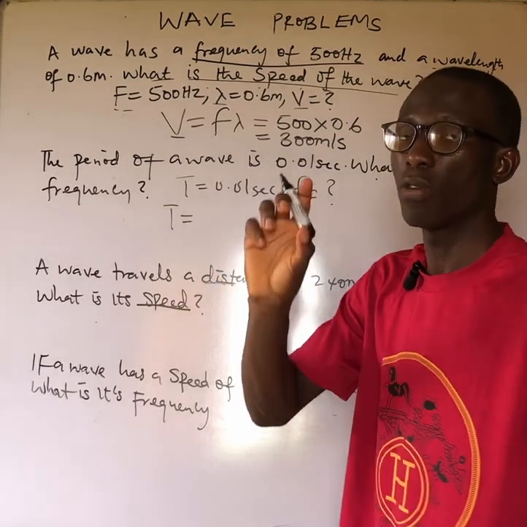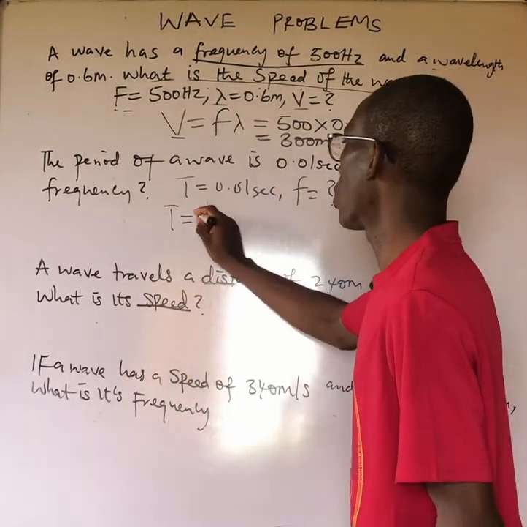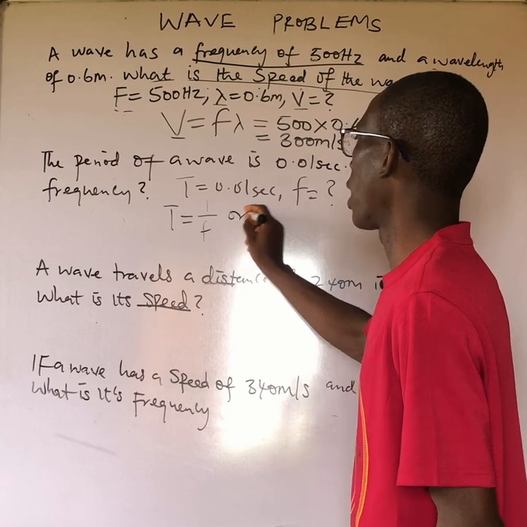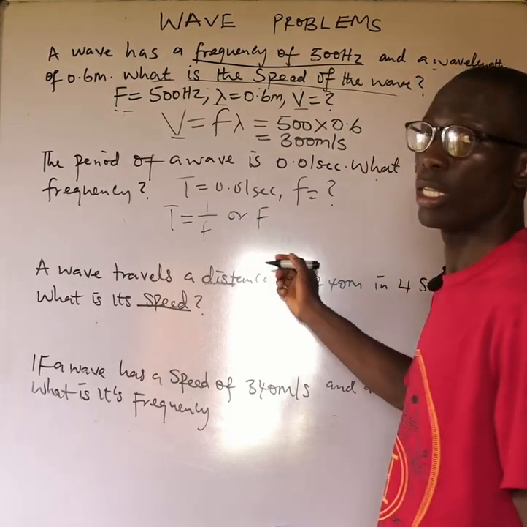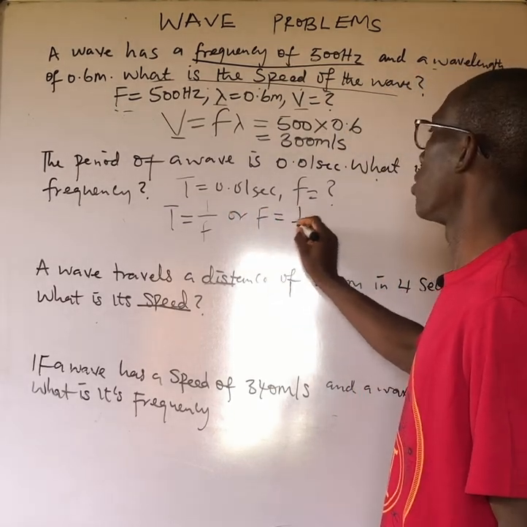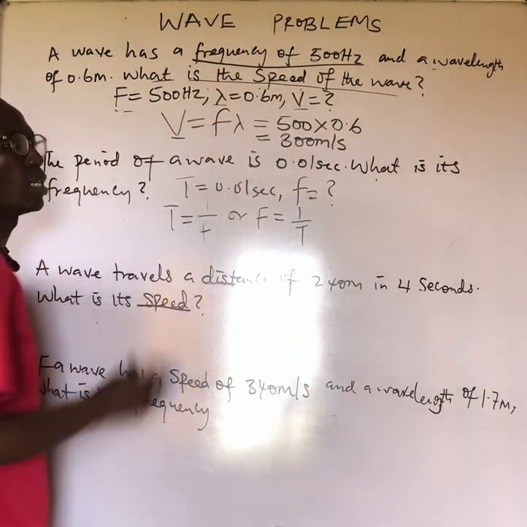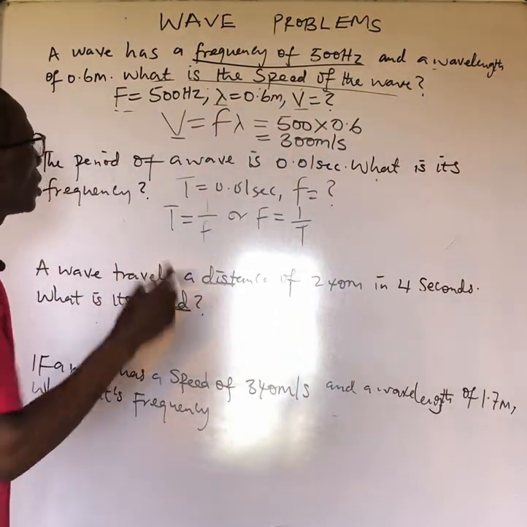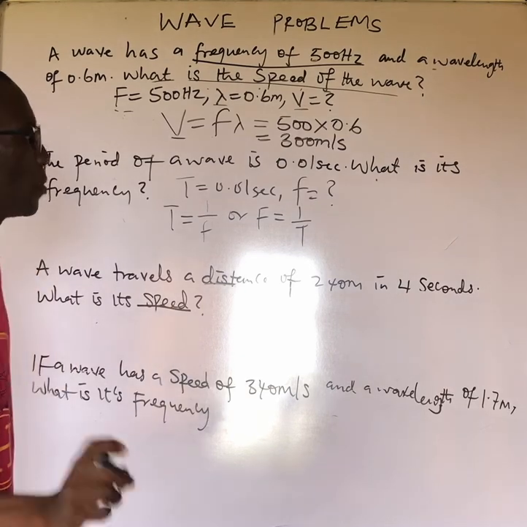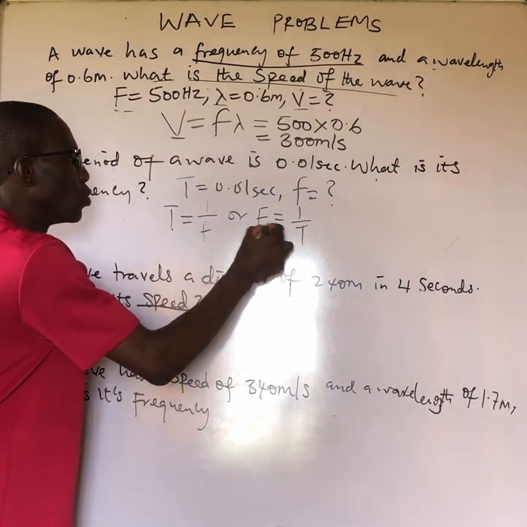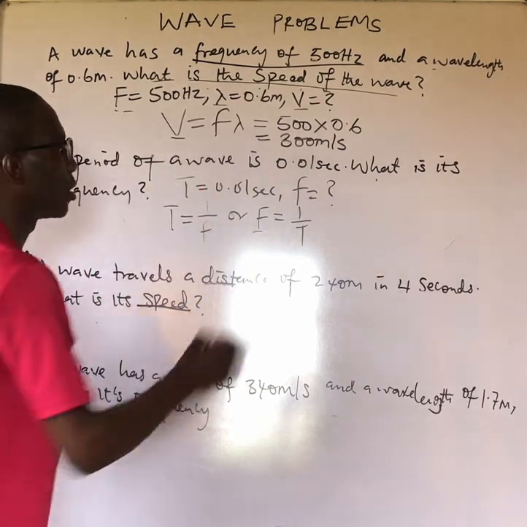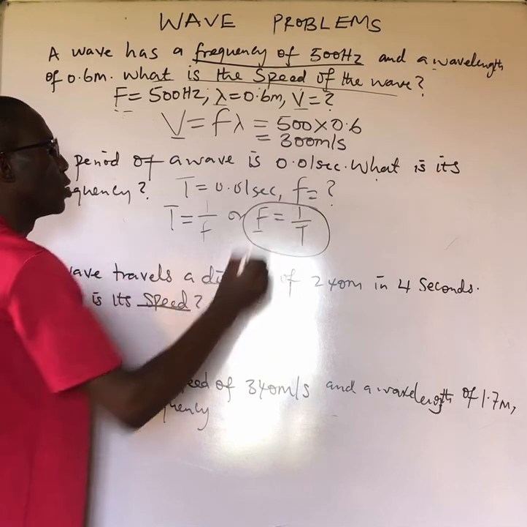We have the first one, T = 1/f, or for frequency, you have f = 1/T. These are the two formulas that connect these two things. But the question asks us to find frequency, so we'll be using this one to solve this problem.